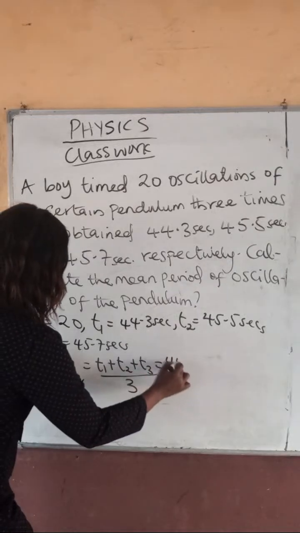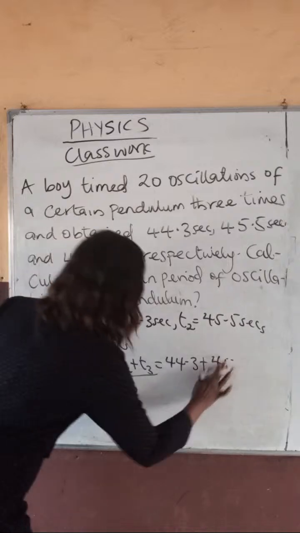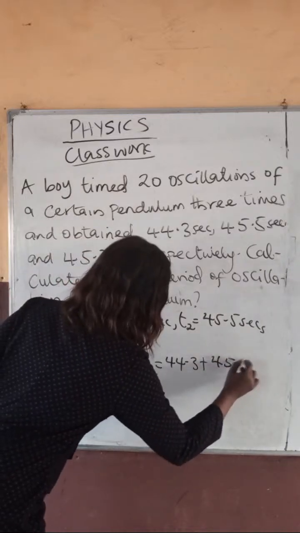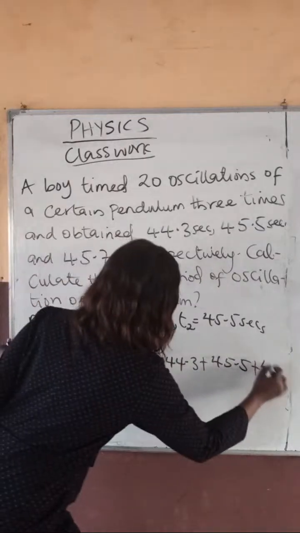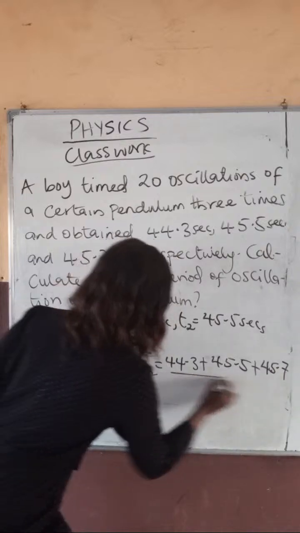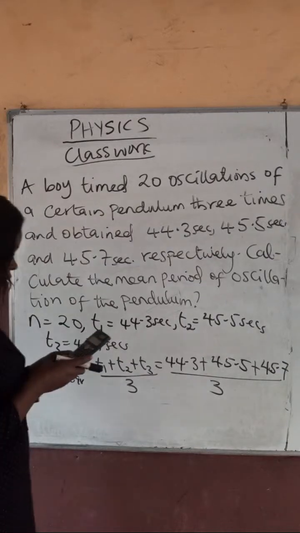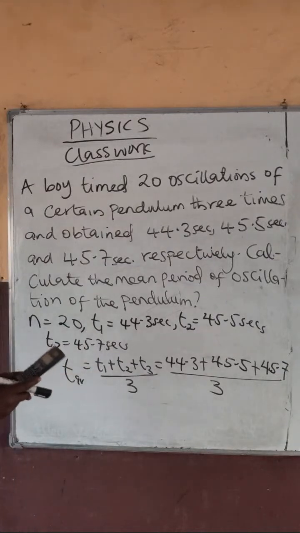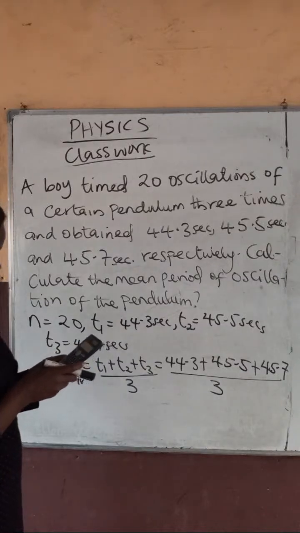Now what do we have? We have 44.3 plus 45.5 plus 45.7. Okay? We now divide it by 3. Alright? So let's add 44.3 plus 45.5 plus 45.7.